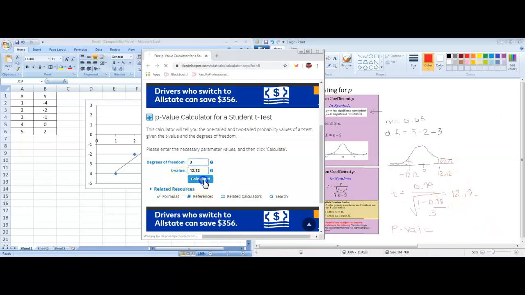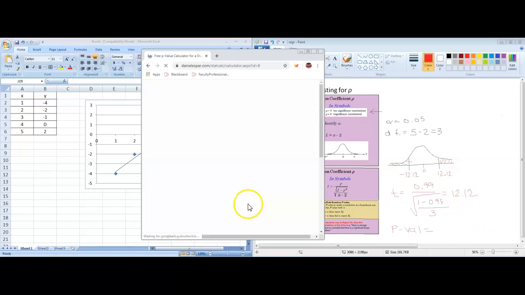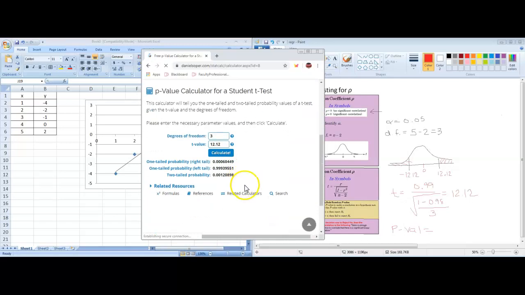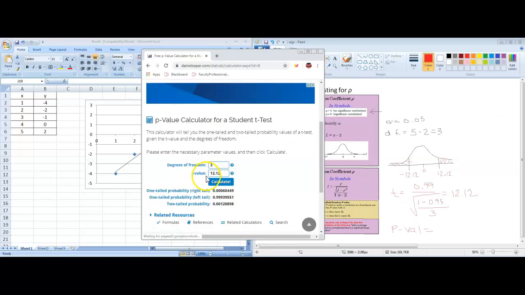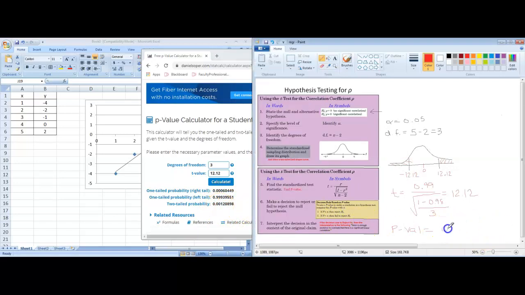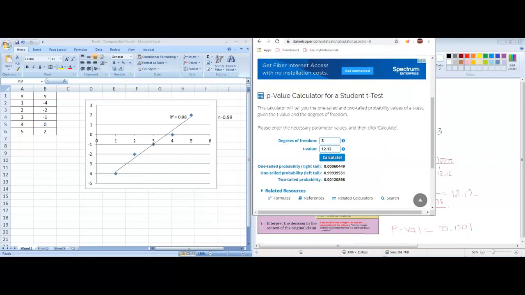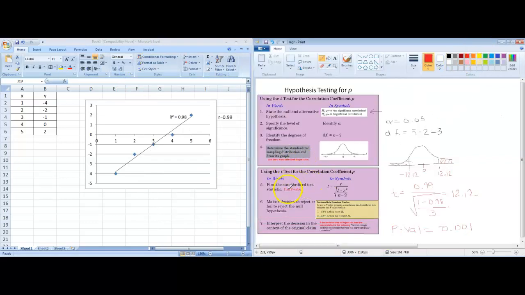Then click calculate, and you're going to have 3 answers. Which one are you going to use? The one that says two-tail, because that's my picture. My probability is this decimal, but usually we round to 3 decimal places, so it's going to be 0.001. I found my p-value, so I did step 5.